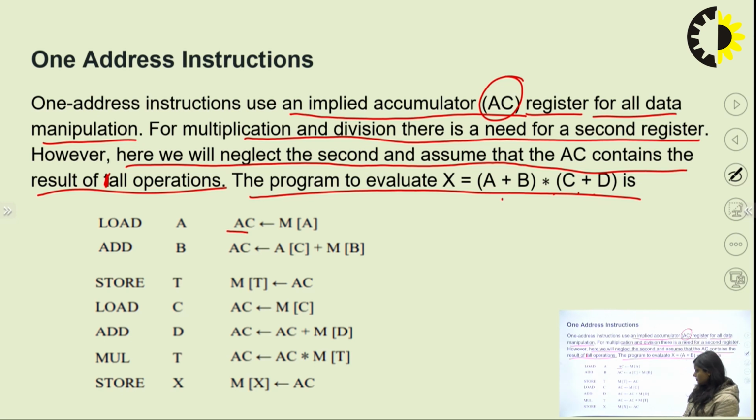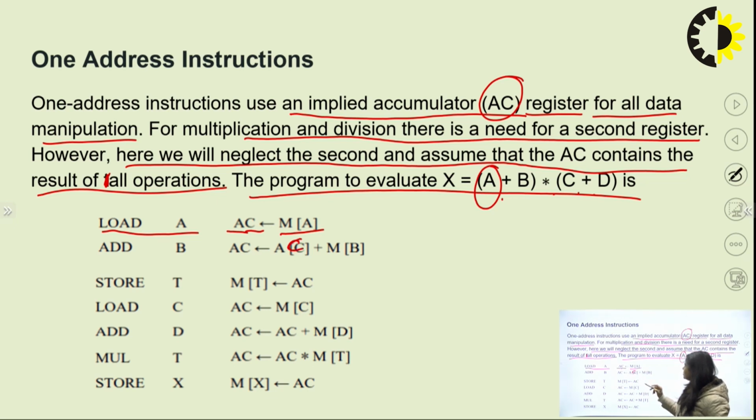Okay, so accumulator. The first step is saying move, or transfer, or load the content of memory location A into the accumulator, which is LOAD A. And in the next step, we are just going to add. This is not A of C, this is basically AC.